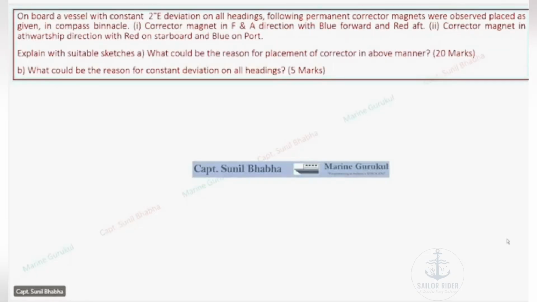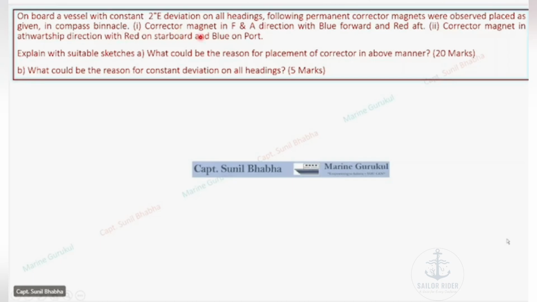So we have the next question on the screen now. The question says, on board a vessel with a constant 2-degree east deviation on all the headings, the following permanent corrector magnets were observed, placed as given in the compass binnacle.